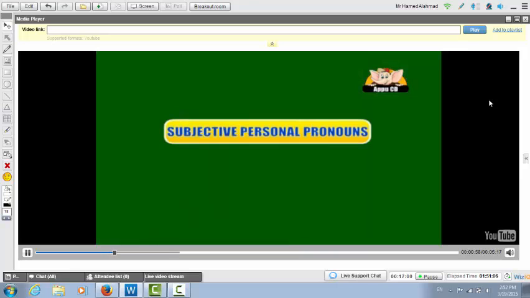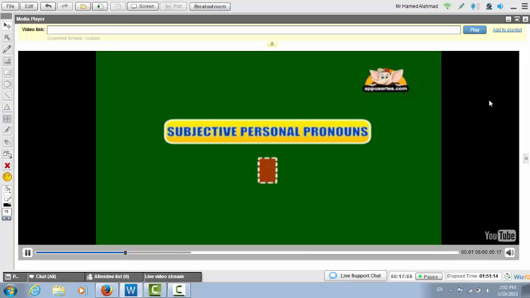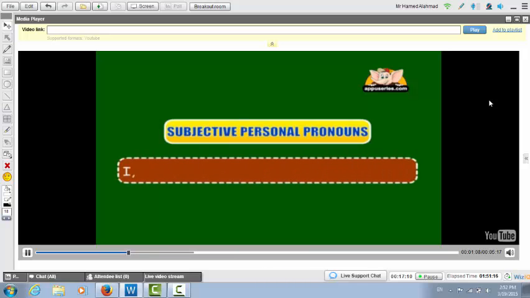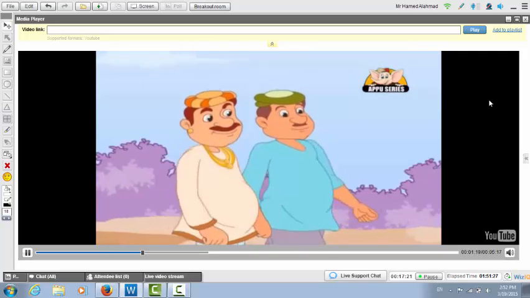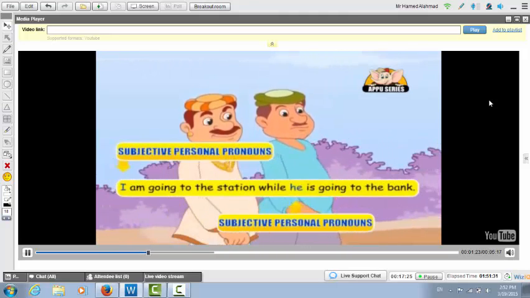Subjective personal pronouns. As the name implies, subjective pronouns act as subjects within sentences. They are I, you, he, she, we, they, and it. Example: I am going to the station while he is going to the bank.